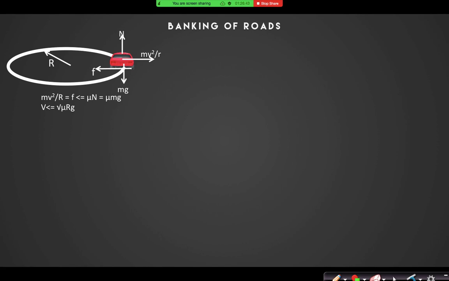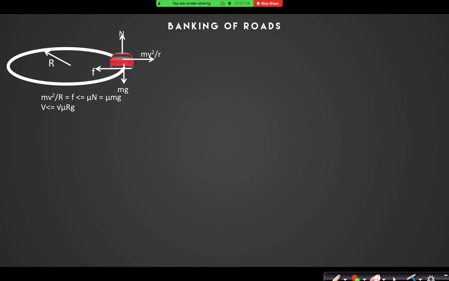So if you move with a velocity greater than root over of mu rg, the car will slide off the track. And if the speed is less than root over mu rg, then the car will safely cover that bend.